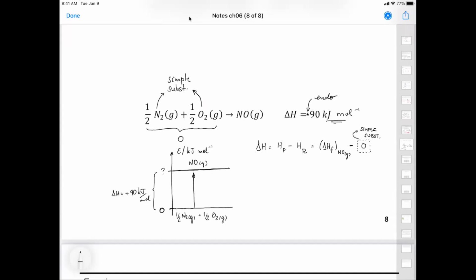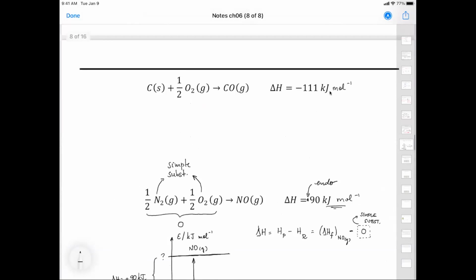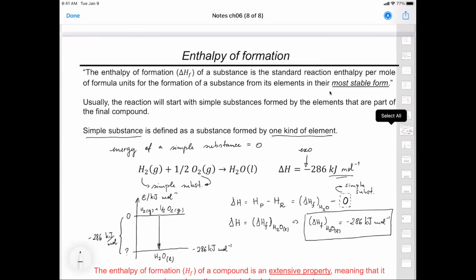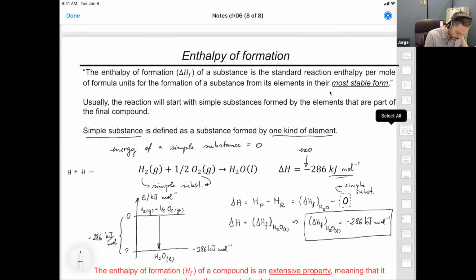Wait, I have a question. Yes. So how did you determine that the energy level was 0 again? Okay. By definition, the energy of a simple substance is always 0. If you look at hydrogen, you basically react two atoms of hydrogen and form one molecule of H2.